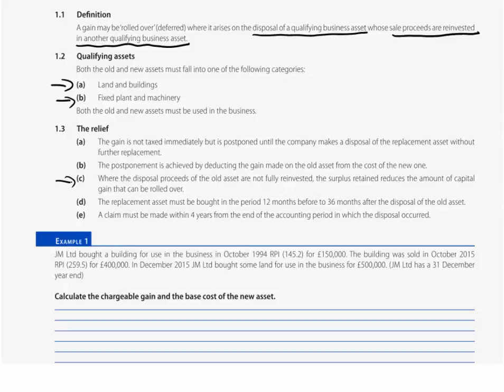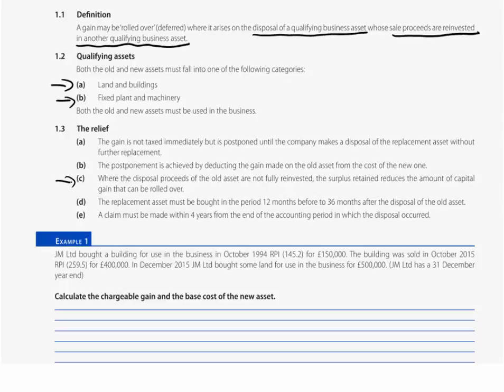There is a timescale within which the replacement asset must be bought. Now, I refer to it as a replacement asset because usually, of course, you're going from one property to another. In fact, for rollover to apply, all we've got to do is to dispose of a qualifying business asset and reinvest in any other category of qualifying business asset. But in terms of full rollover, it's only going to be land and buildings in terms of our syllabus.